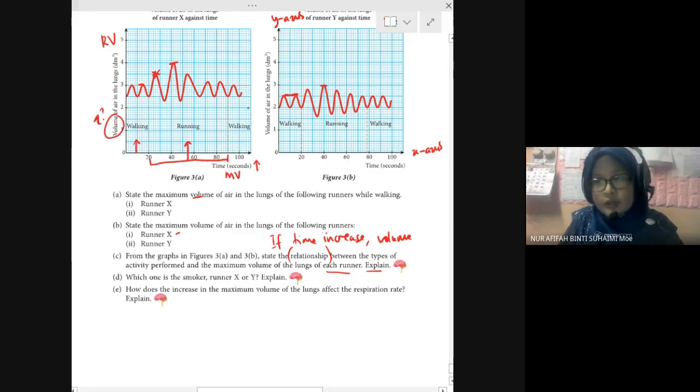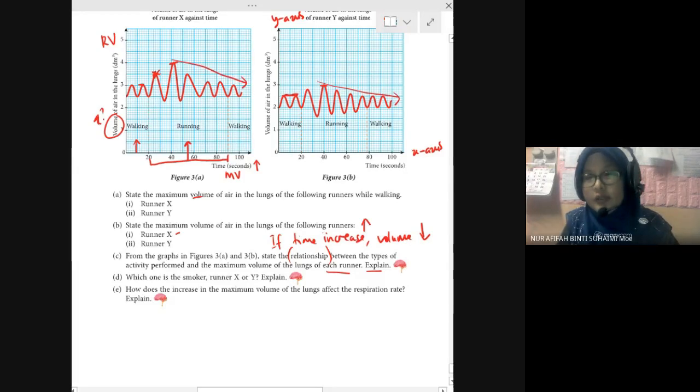So I think for both the relationship, if time increase, the volume of air decrease. As time increase, volume decrease. Okay. Makin lama, dia punya volume makin kurang. So that's all for relationship. Increase, decrease, bigger, smaller. Use the correct term in science.